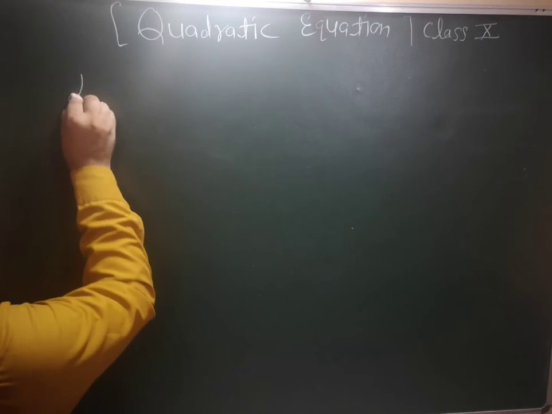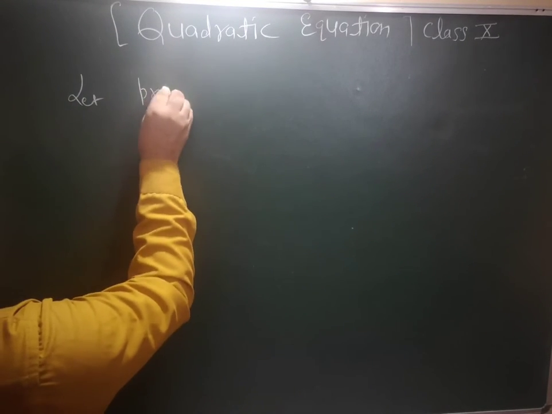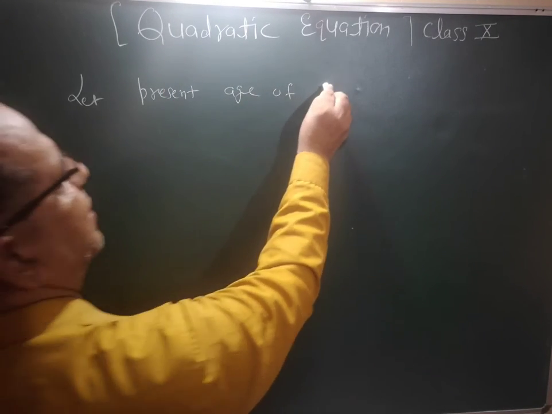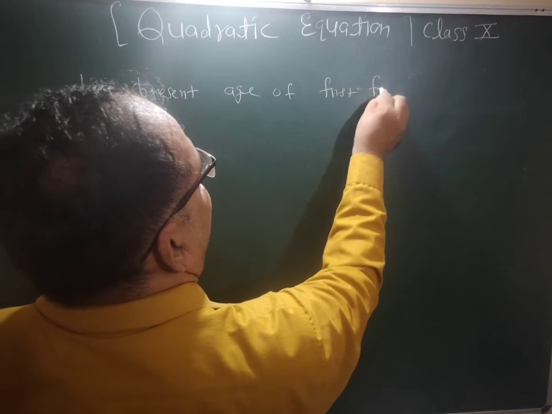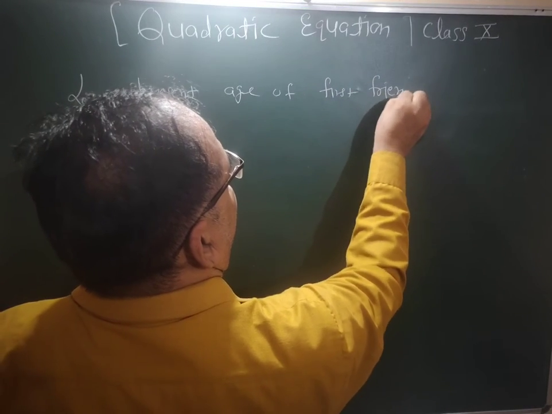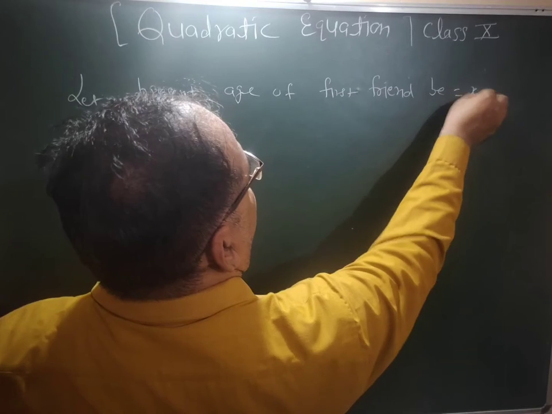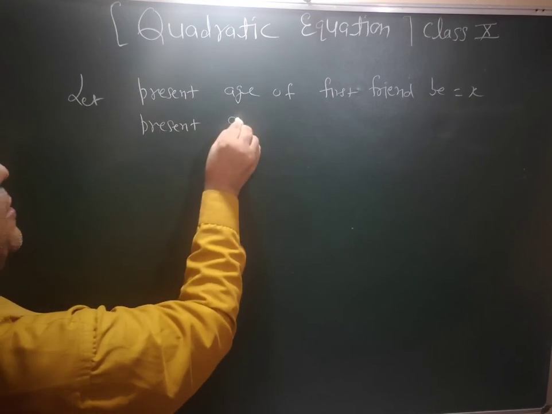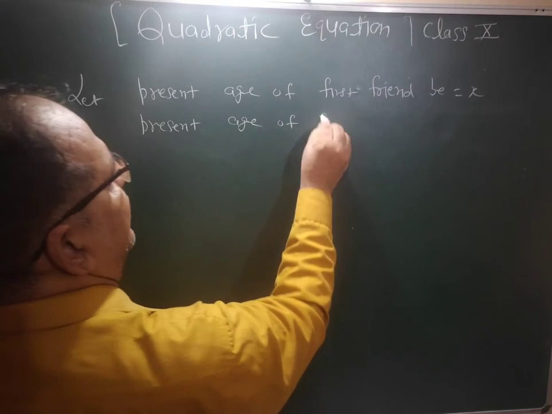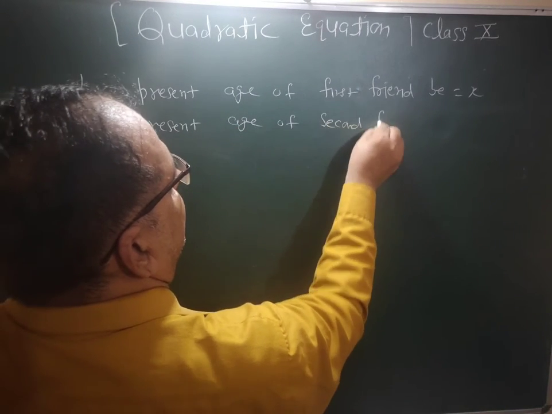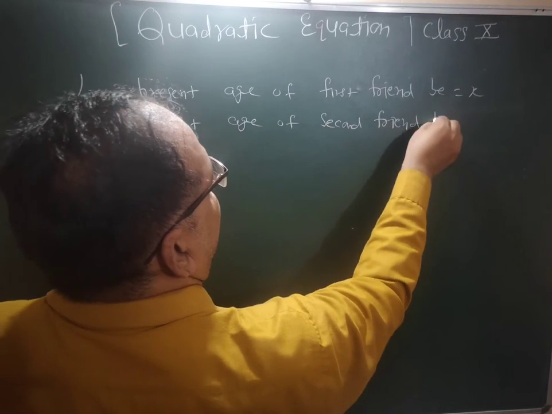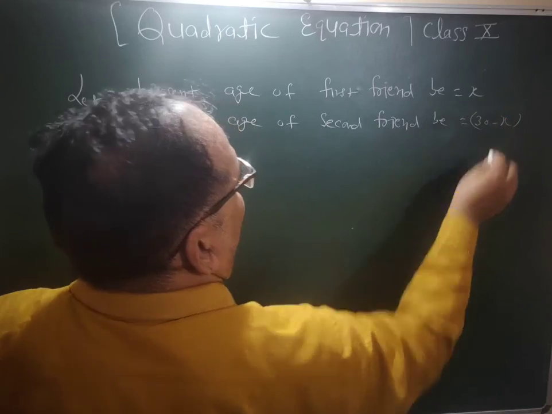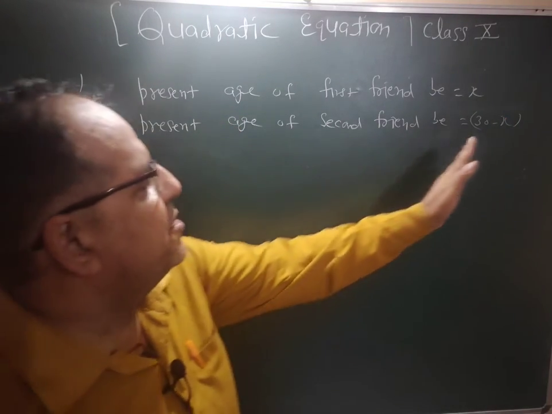So let the present age of the first friend be X and the present age of the second friend be 30 minus X, because the sum of the ages is 30.